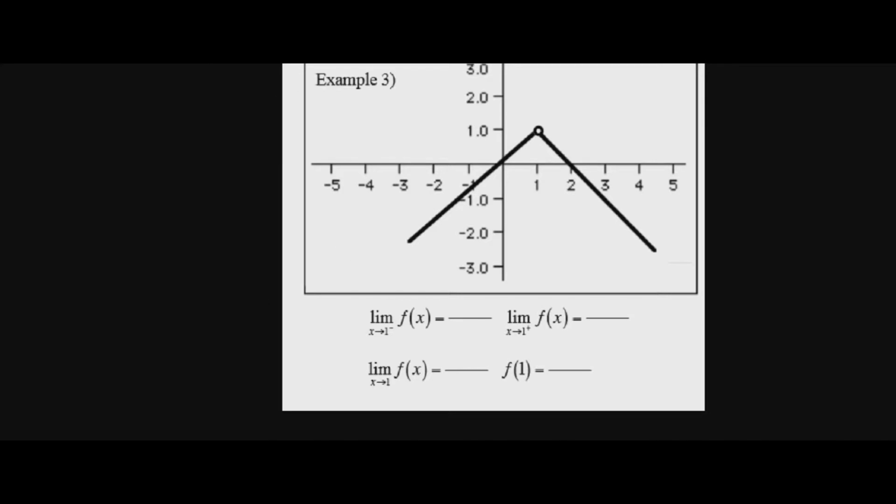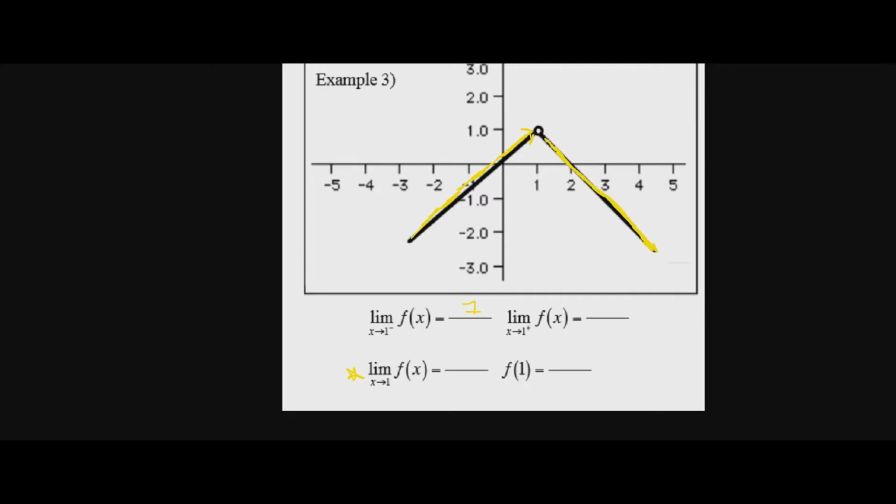Again, this problem is asking us as x approaches 1. From the left, as I get closer and closer to 1, my y value is 1. So I'll put 1. And as we approach it from the right, what is my y value?